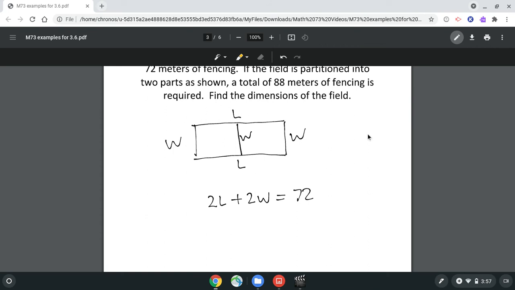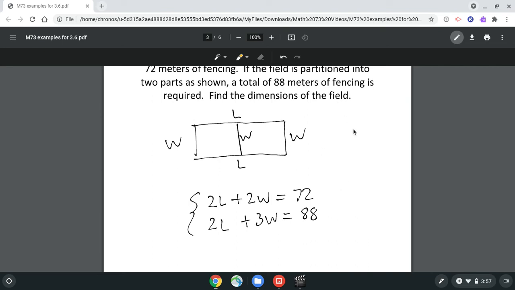So then we have 2L plus 3W equals 88. And there is your system of equations.